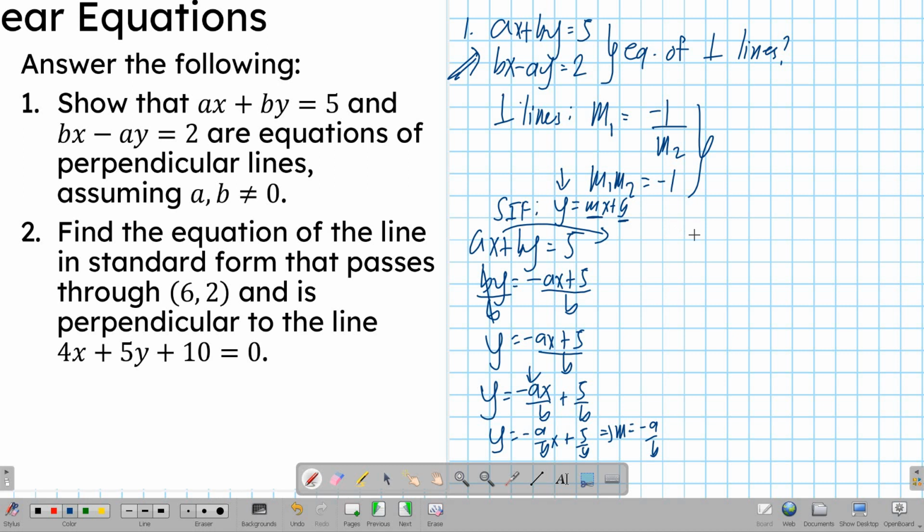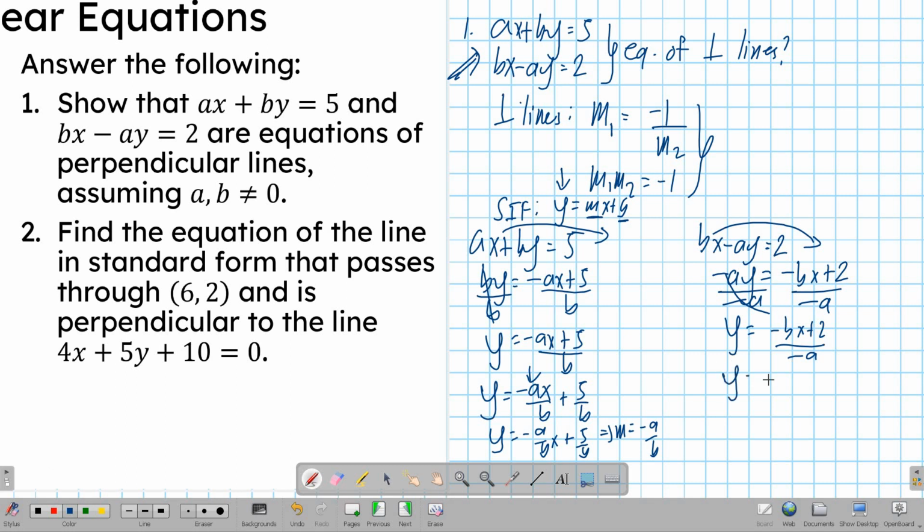In the other equation, bx minus ay equals 2, we're going to do the same thing. Transpose natin yung bx kasi we need y alone on the left side. We're going to have negative ay is equal to negative bx plus 2. Dividing both sides by negative a, we're going to have y is equal to negative bx plus 2 all over negative a. Pag-ihiwalay ulit natin kasi dapat it's mx plus b.